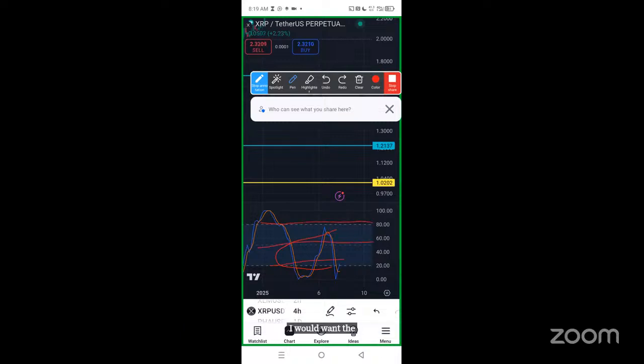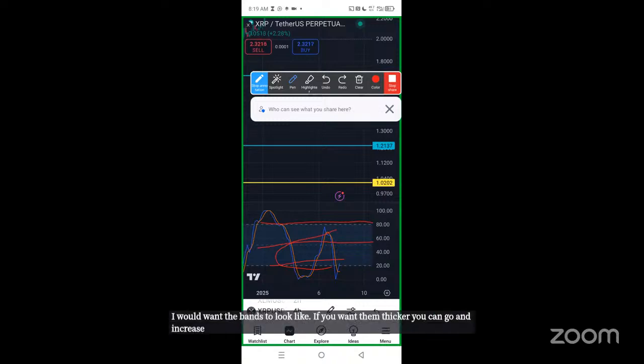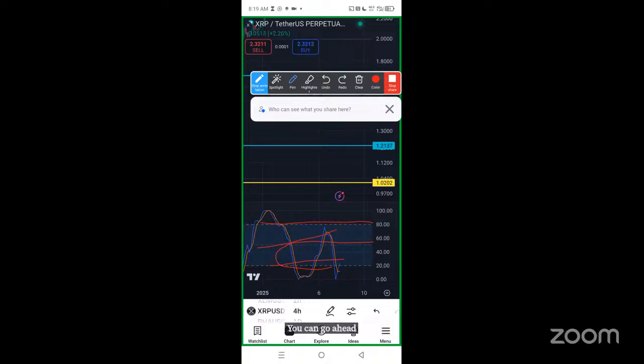If you want them thicker, you can increase the thickness. If you want a solid line rather than a dash or dotted line, you can go ahead and do that. Those are the only adjustments I may recommend.